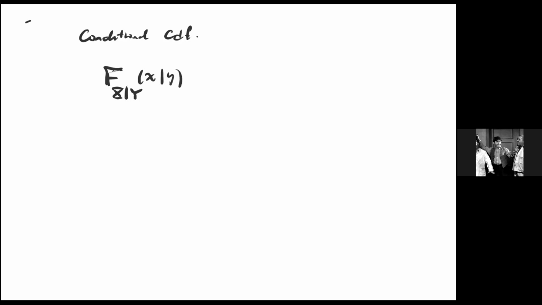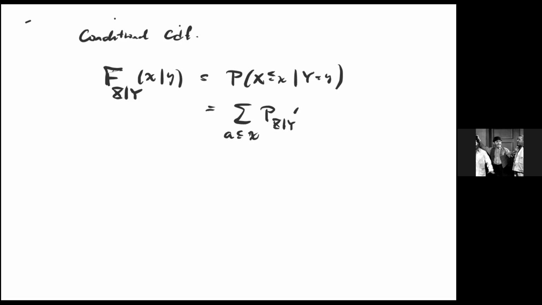And this is the same thing as the probability that X is less than or equal to x conditioning to Y equals y. So by definition this is the sum over all a less than or equal to x of the conditional probability mass function of a conditioned to y.